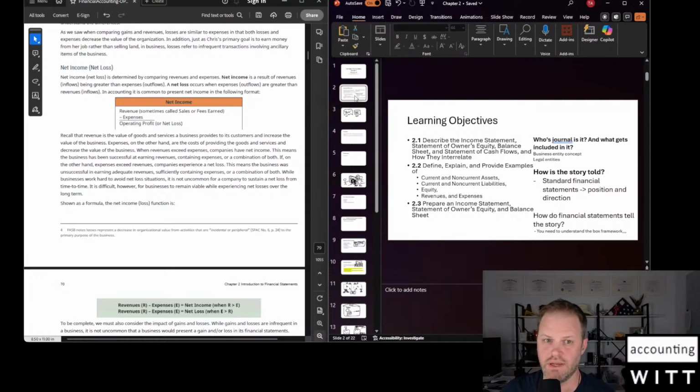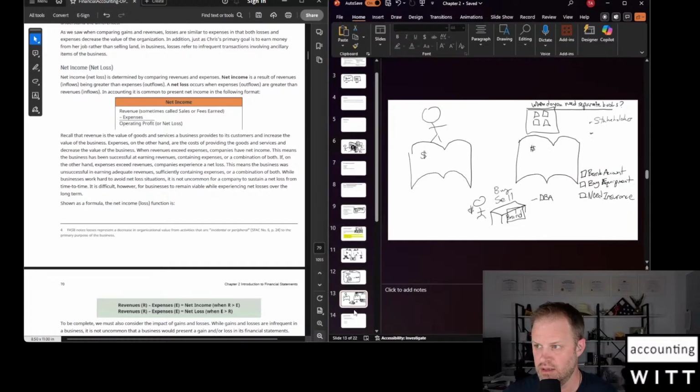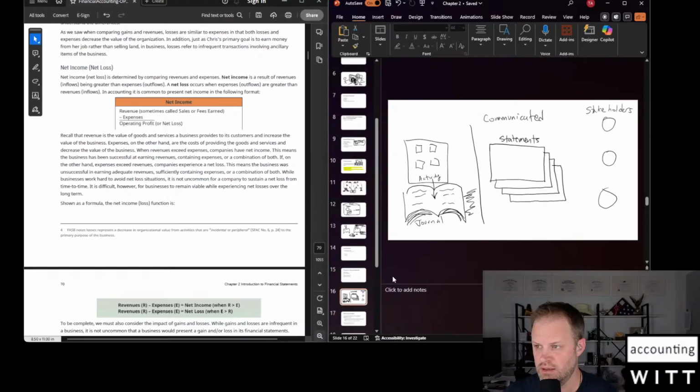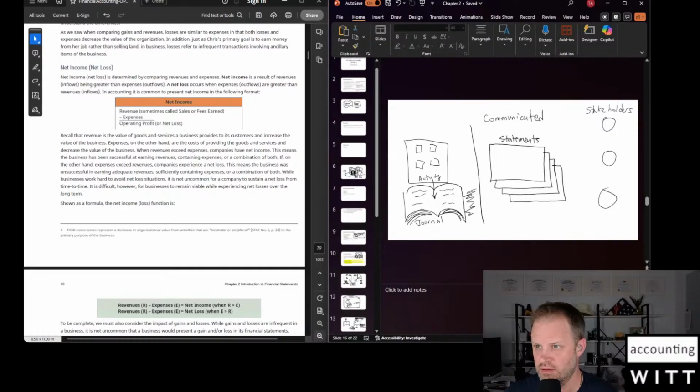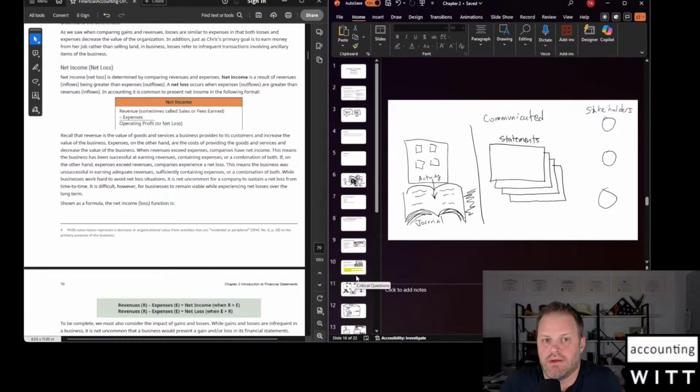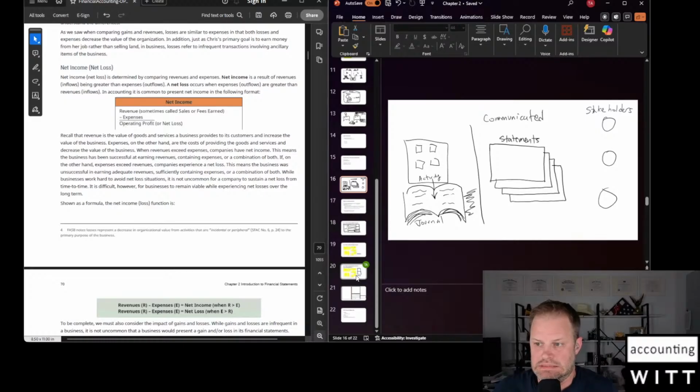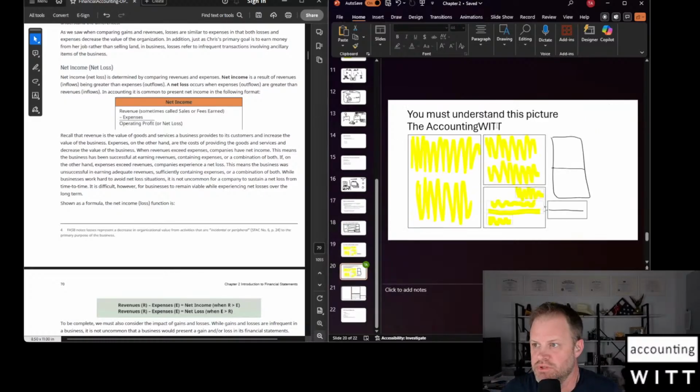I mean, it's the accounting framework, but that seems duplicative. The LearnWITT accounting framework.